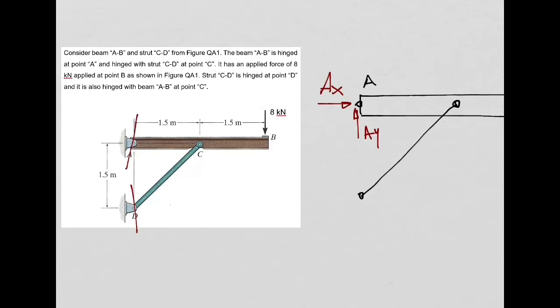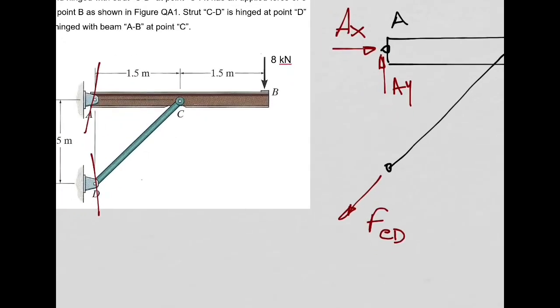So I'm going to include that force here, and I'm going to call it FCD, which is the force in my strut. And I know this direction. If you want, I can write something like this. I know this angle, right? How much is this angle? 45 degrees.